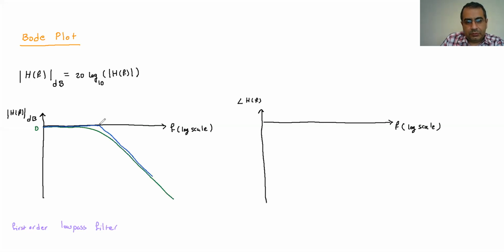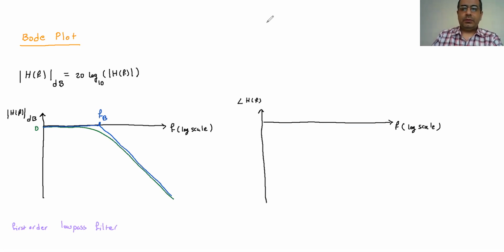So instead of the curve, there's one horizontal line and one sloped line, and that point here is the cutoff frequency. Basically, what is less than the cutoff frequency is not going to change much, and what is larger than the cutoff frequency should be rejected.